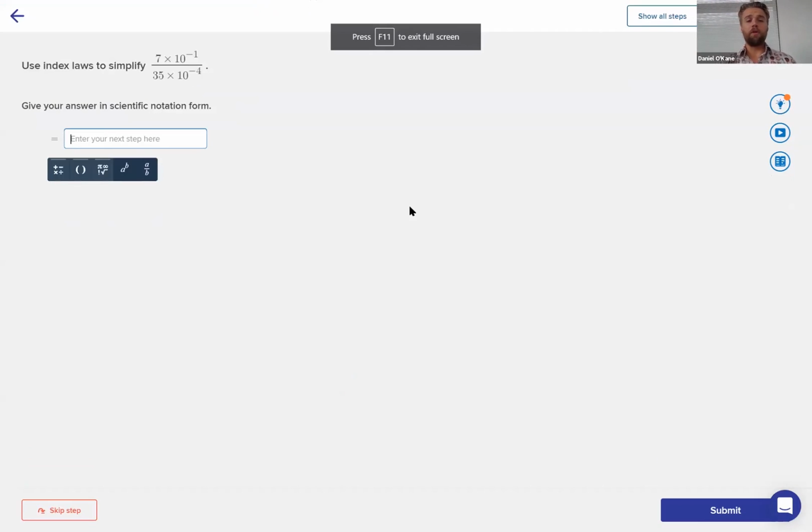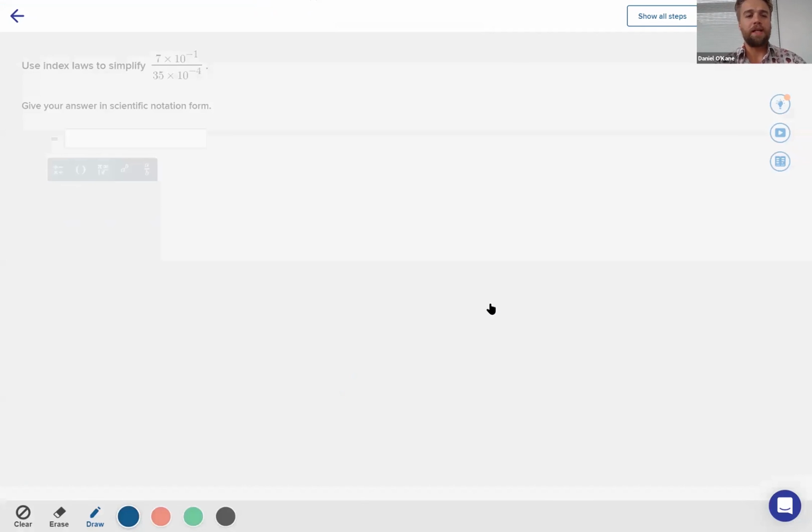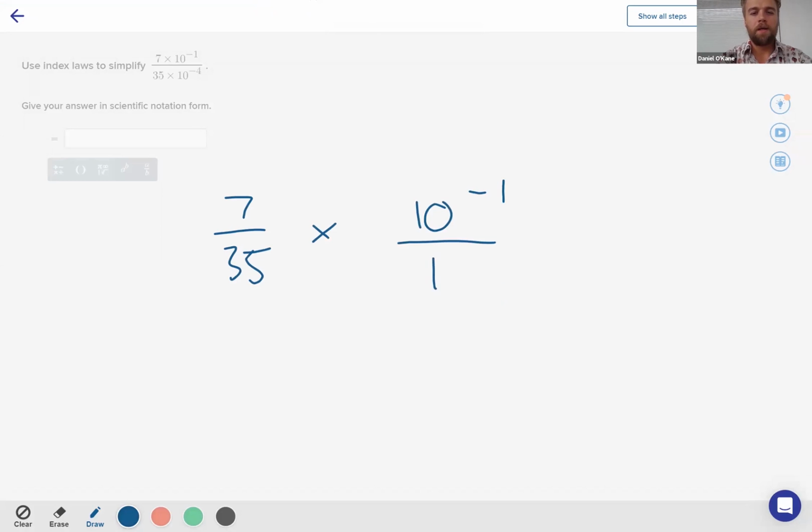I can use the division law as well to help me simplify. So index laws to simplify the following: 7 over 35. So I'm actually already starting to read this as using fractions, 7 over 35 times 10 to the power of -1 over 10 to the power of -4. So you're allowed to do that when the only operations in the numerator and denominator are multiplication, okay? So I'm taking an algebra simplification.